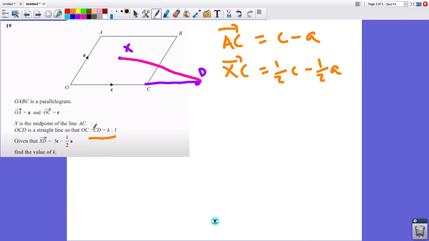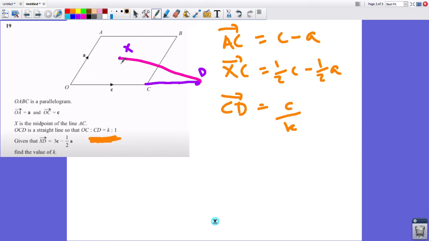It says that OC to CD is K to 1, which tells me that this part here, vector OC, is K times longer than C to D. Well, if OC is vector C and it's K times longer, then CD must be C, just like OC, but divided by K, because it's K times shorter than OC. So that's my vector CD, just using this information here.